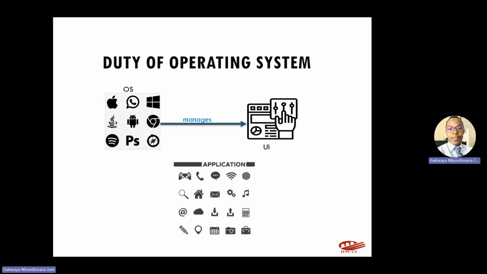Now, all these applications, they need what? They need to access operating system, but they can't do that directly. They need to pass through the user interface, and the user interface is going to tell the operating system, please respond to the request.